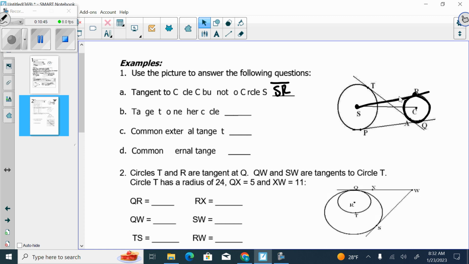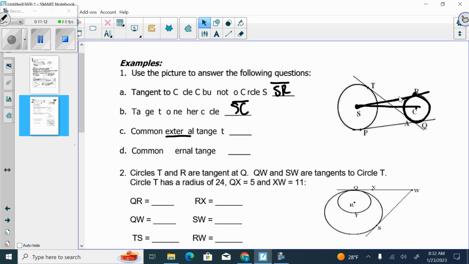All right, B says we're looking for a tangent to neither circle. So which one of these lines is not a tangent for either circle? SC, right? SC does not just touch the outside edge of either one of these circles. So SC is not a tangent for either. Good. Okay. Now we're looking for a common external tangent.